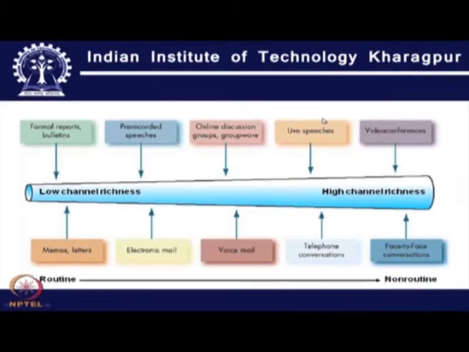So again, there is a relationship between media richness and the data capacity of the medium. Face-to-face conversation is highest in the richness of the channel, but the data capacity is lowest. In face-to-face communication we cannot share a bulk of information.